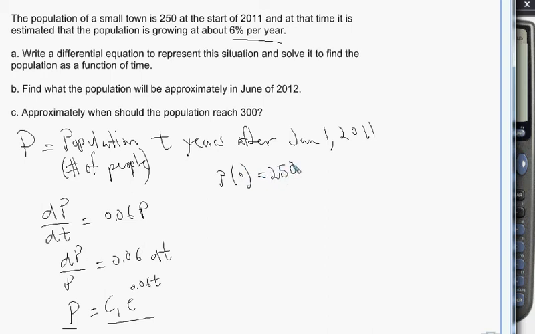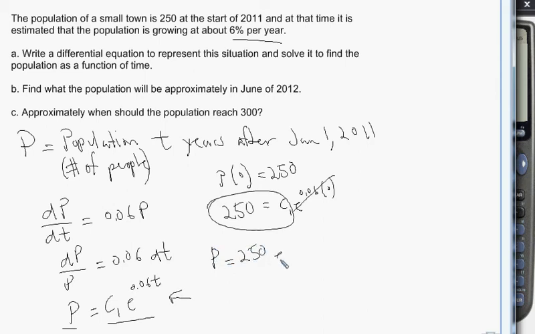Well, that means we can take this equation and rewrite it with 250 for P: C1 e to the 0.06 times 0. 0 times 0.06 is 0, e to the 0 is 1. So that all goes away, and we just get C1 equals 250. So our equation becomes P equals 250 e to the 0.06t.